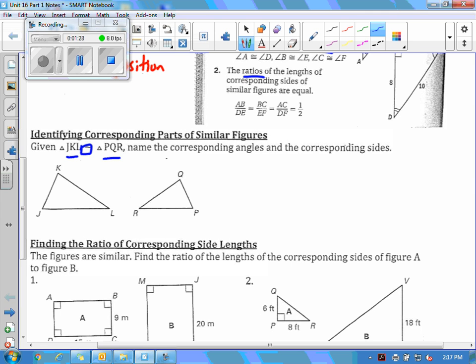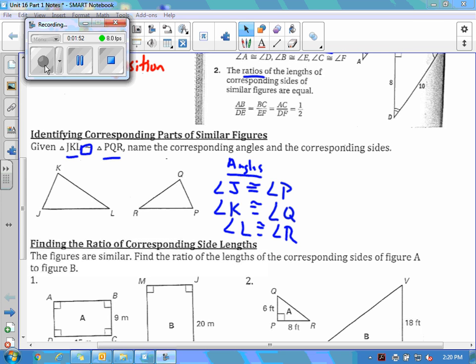So when we're talking about angles, that means that angle J matches up with angle P, because they're both the first letter. So angle K would then match up with angle Q, and angle L would correspond with angle R.